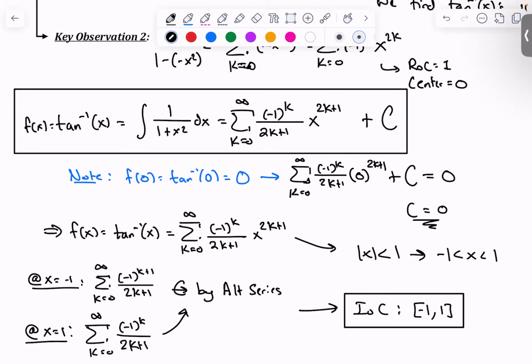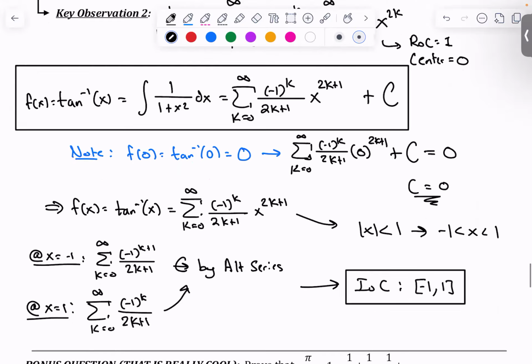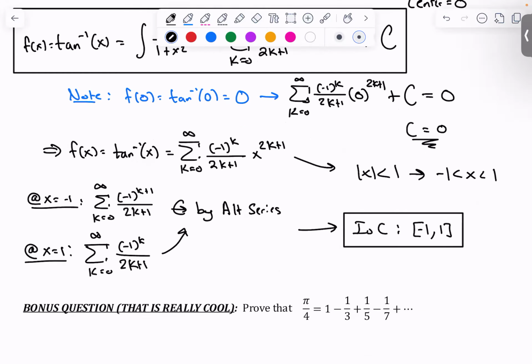So now we get to have a really awesome result. Prove that pi over 4 is equal to 1 minus 1/3 plus 1/5 minus 1/7 plus 1/9 minus 1/11 plus 1/13, and so on and so forth. How do you think we should do it?